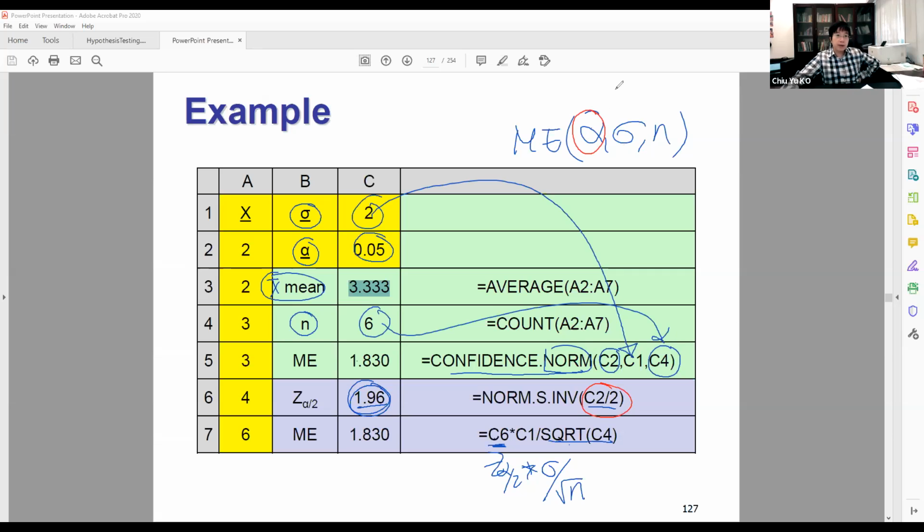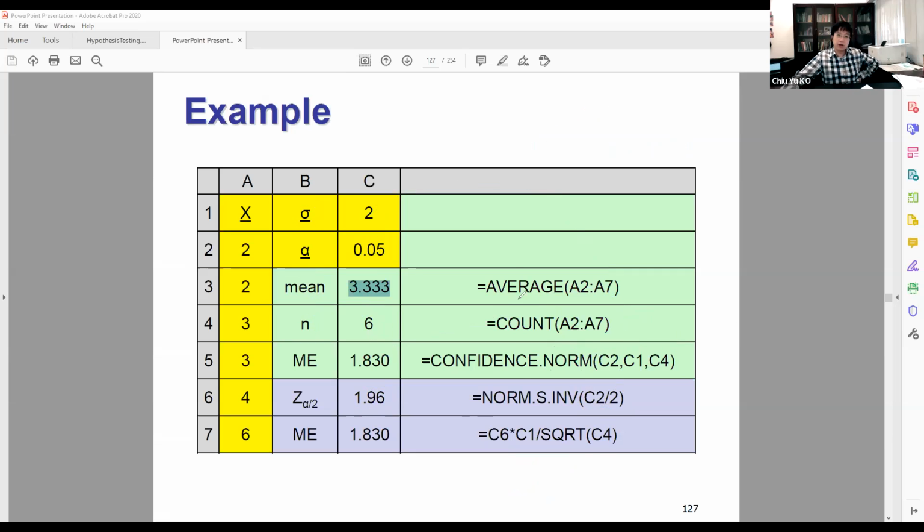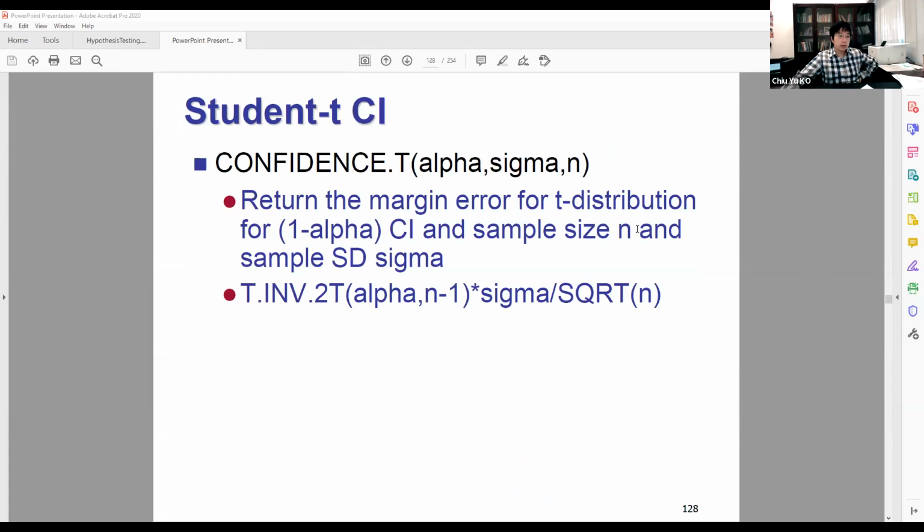So the next part, of course, this is not very useful because I think this doesn't save you a lot of time. And the next one, I think this one is T. I think it's more useful, right? This calculates the margin of error again. It's t with n minus 1 and alpha over 2, and this will give you the S over root n, when you have this data.